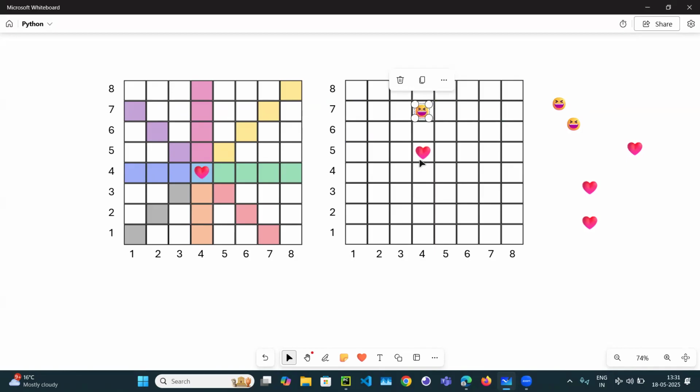The obstacle is in the same column. If it is in the same column, the obstacle can be on the top as well as on the bottom. If it is on the top, you need to update the top variable. If it is on the bottom, you need to update the bottom variable. So how do you know whether the obstacle is in the same column?